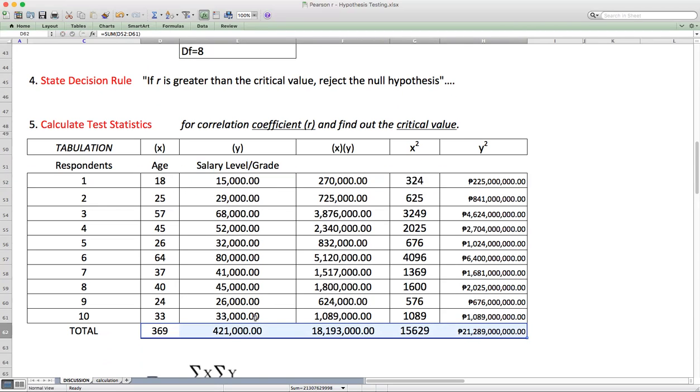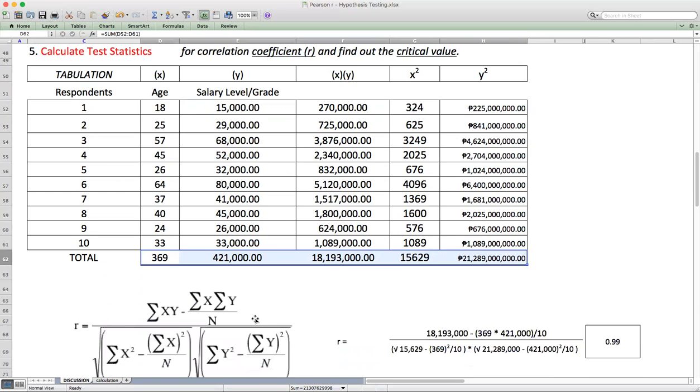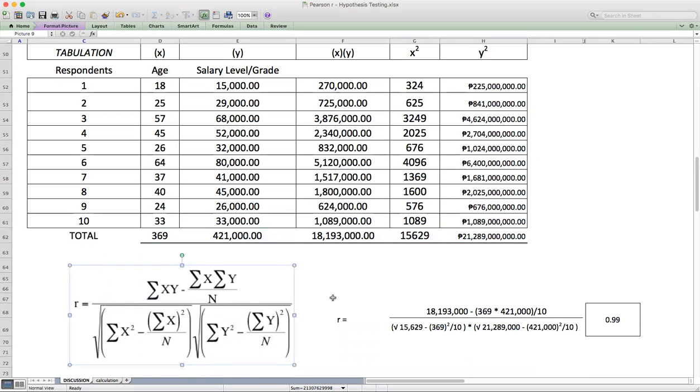Then afterwards, we have to use now the formula for the Pearson R coefficient. So R is equal to summation of XY minus summation of X multiplied by summation of Y divided by n.